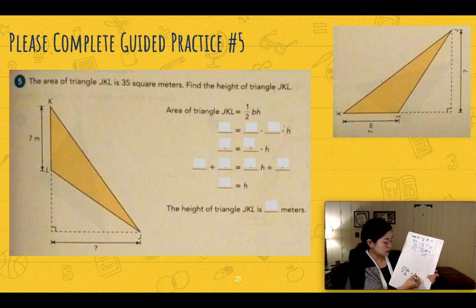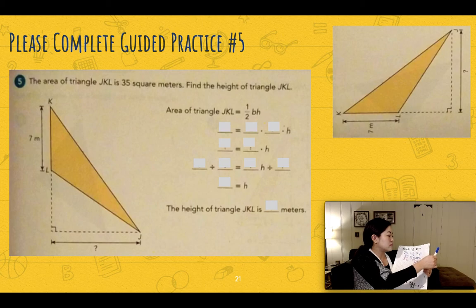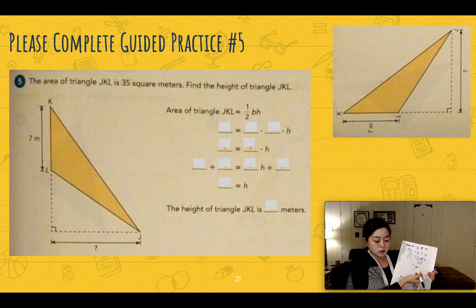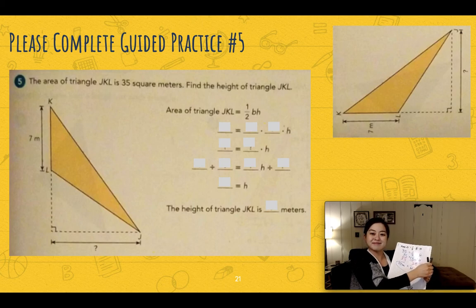So then this becomes 350 divided by 35. Hey, this is 10. So actually the height here is equal to 10. And what's my unit of measurement? Meters.